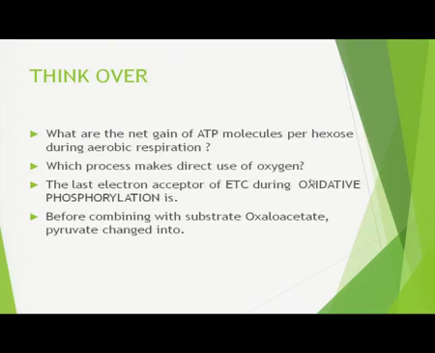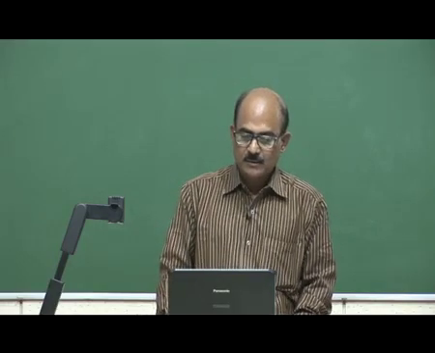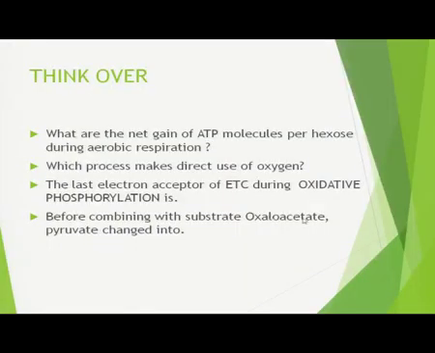Now, the next question: before combining with the substrate oxaloacetic acid, pyruvate changes into. This is the most fantastic question. Oxaloacetic acid is the first step of the Krebs cycle.